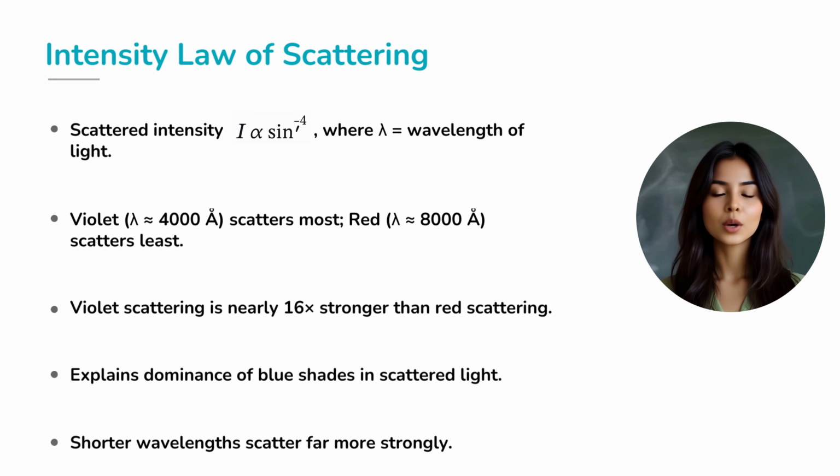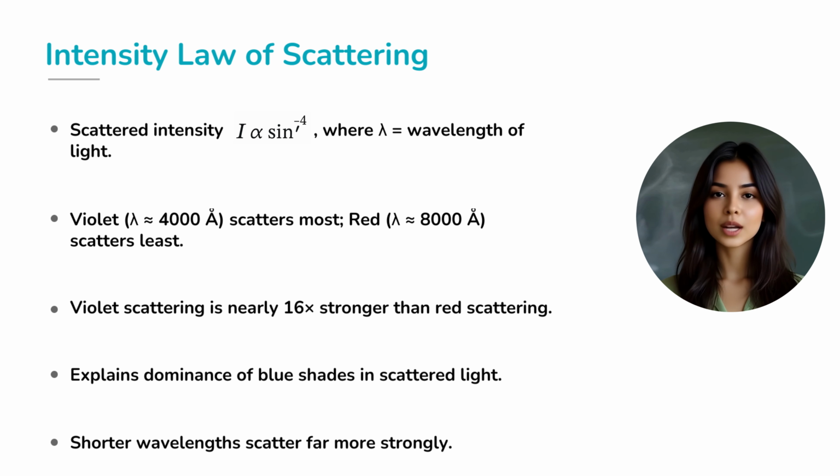The intensity law of scattering tells us that scattered intensity is inversely proportional to the fourth power of wavelength. In simple words, shorter wavelengths scatter much more strongly than longer ones. That's why violet light, with a wavelength of about 4000 angstroms, scatters the most, while red light, with a wavelength of about 8000 angstroms, scatters the least.